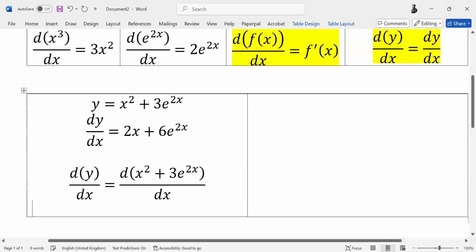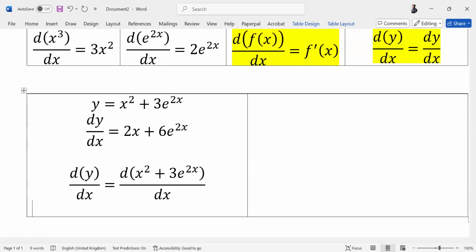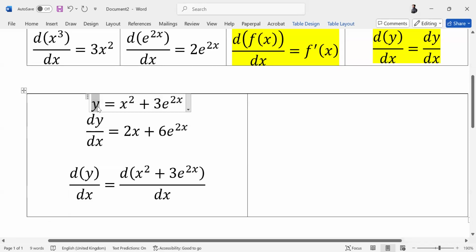Is this right or wrong? Makes sense कि आपने दोनों sides को technically you have differentiated both the sides with respect to x. So on the left side, you got the derivative of y with respect to x, which we tend to call dy by dx. And on the right side, when you differentiated this entire thing with respect to x, you got this. Isn't that clear? Makes sense?